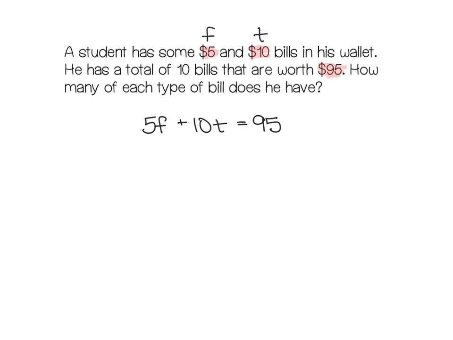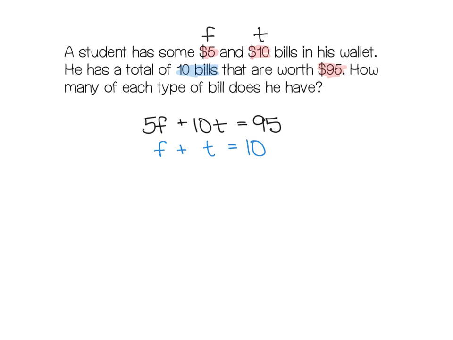The other information I get is that I have 10 bills total, and so that would be however many 5s I have plus however many 10s I have equals 10 total bills. So 5s plus 10s equals 10 bills.